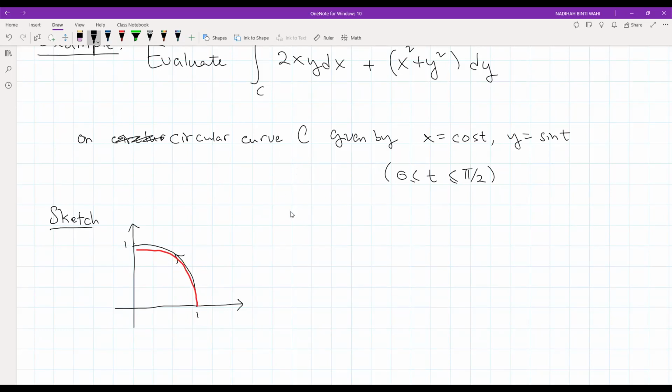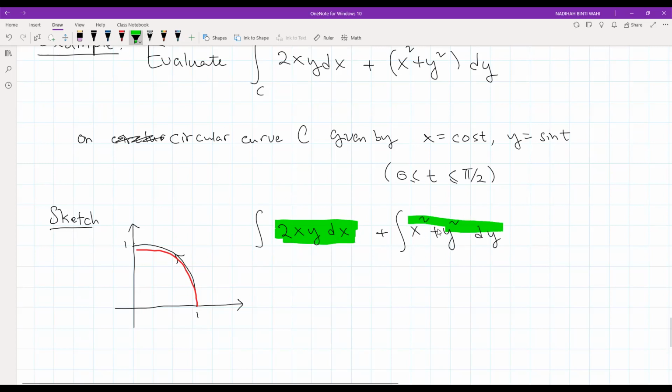Evaluate as usual. So we have on curve C, we have 2xy dx plus x squared plus y squared dy. Okay, so every variable right here, you need to change according to the parametric equation. Apa maksud parametric equation?